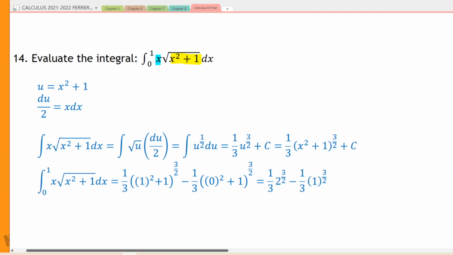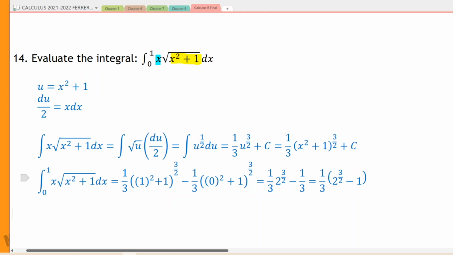Actually, I just looked at the answer key and I don't need to do that. 1 to the 3/2 power, that's just equal to 1, which I don't even need because 1/3 times 1 is just 1. And then I suppose I could factor out that 1/3. And that just about does it with question 14.